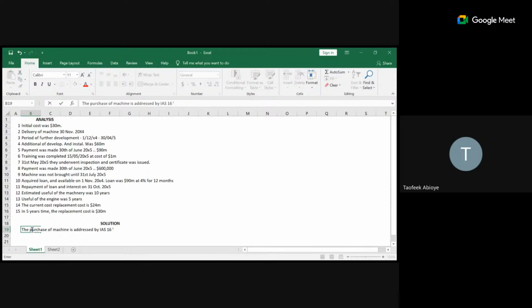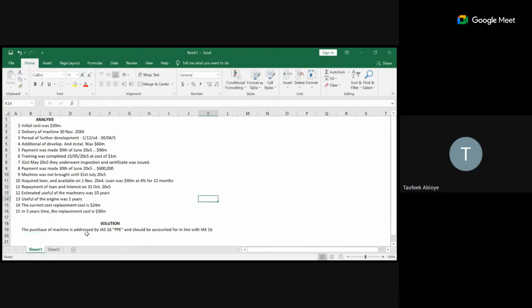Let's use the short form, PPE, property, plant, and equipment, and should be accounted for in line with IAS 16.